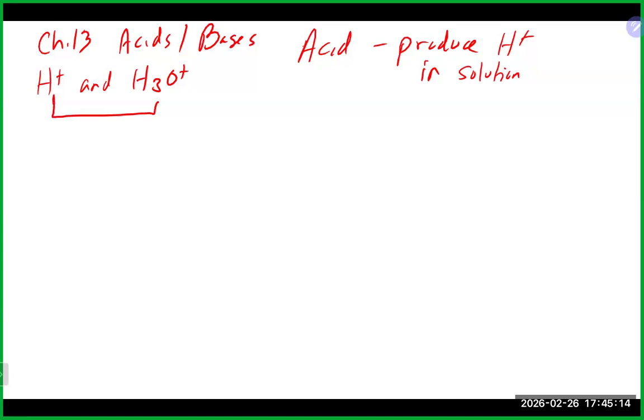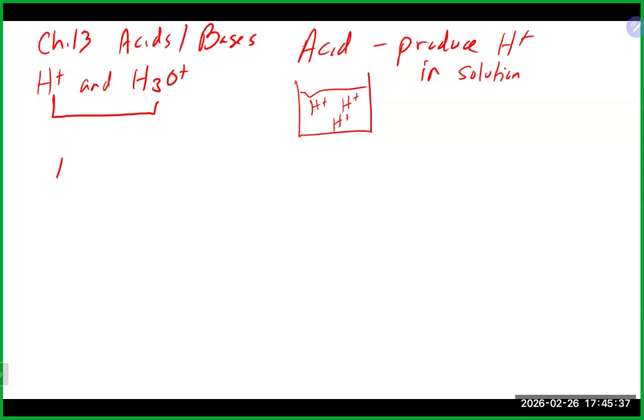Both in formulas and equations, they represent the acid part of the solution. In order for something to be an acid, it has to have the ability to actually produce free floating H plus, not attached to anything, just floating by itself. The more H plus it is able to produce, the better acid it is.